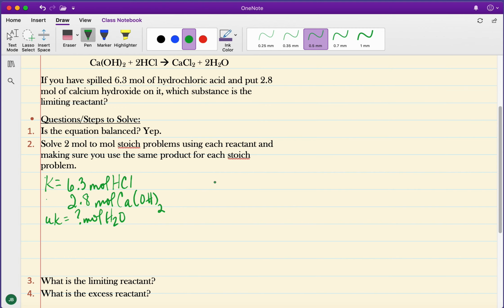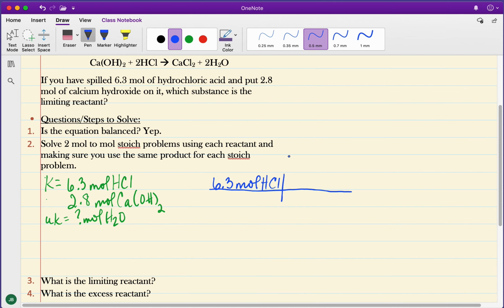So you are going to start off with the 6.3 moles of hydrochloric, and set up our tracks. And we'll go back up to our balanced equation, and we will see that we have a 2 for the hydrochloric. So I'm going to put my 2 there. So this way I have my mole ratio, and I'm going to solve for water.